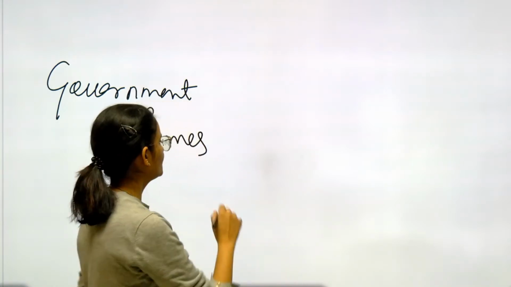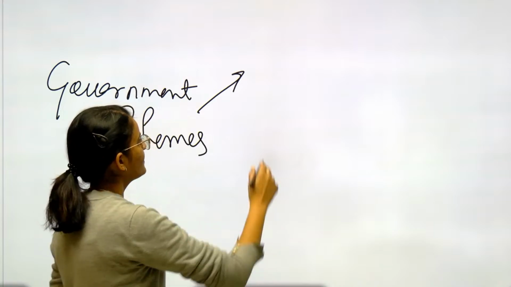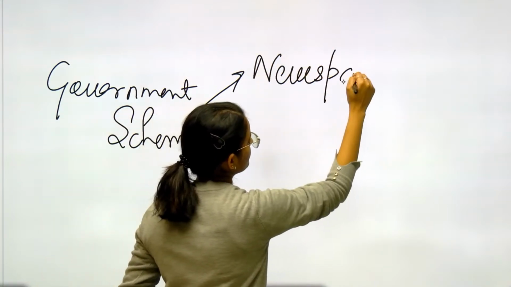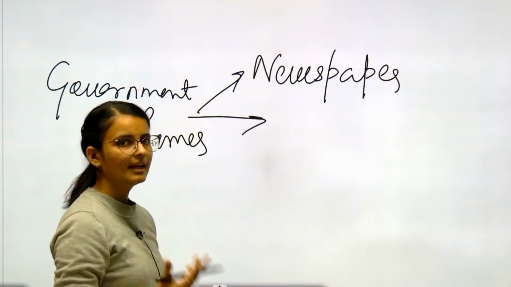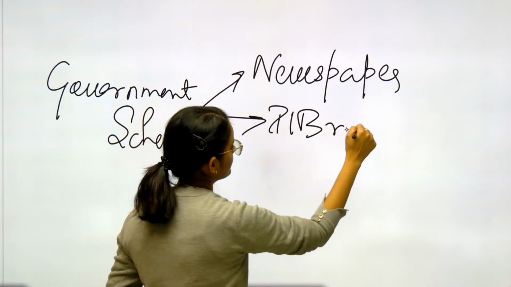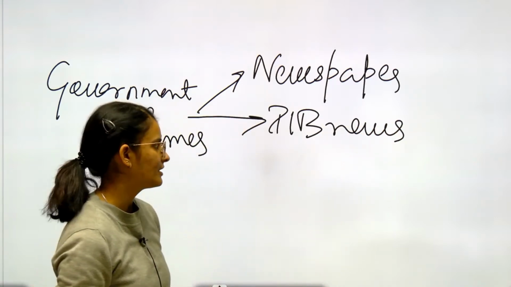There are 2-3 linkages. If they have asked a question on any scheme, it will either be covered from the newspaper, or some minister just took the name of that scheme in a PIB news item, standing in a conference or while attending a meeting.